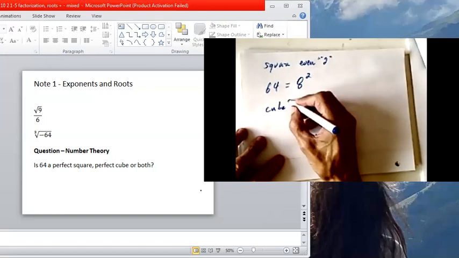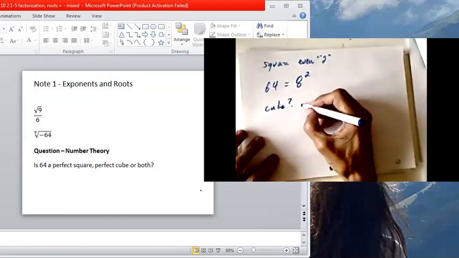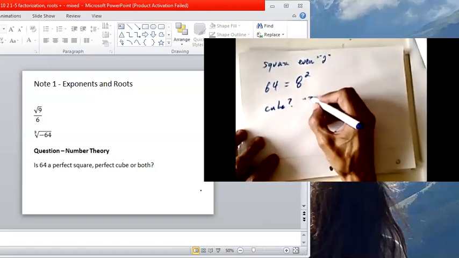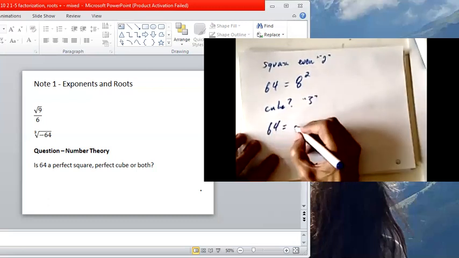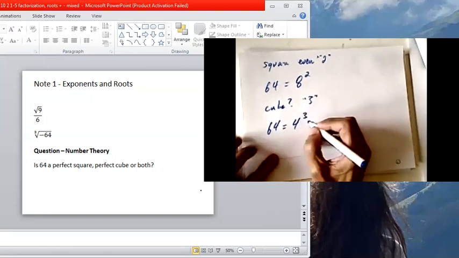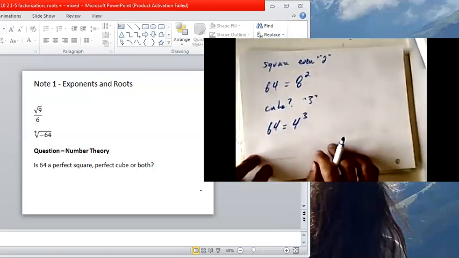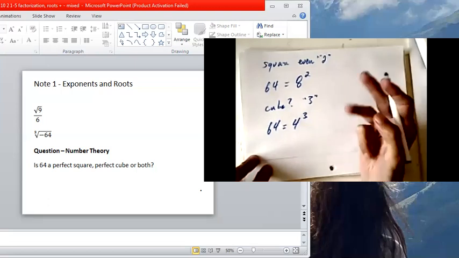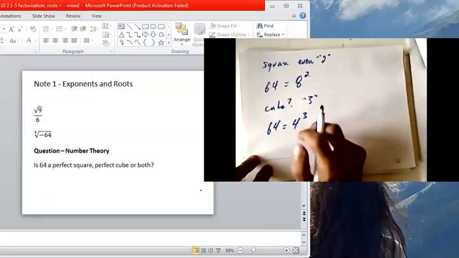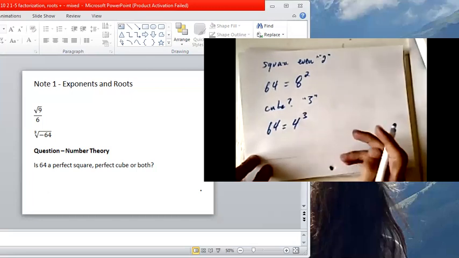And this is where it's a multiple of 3. And yes, as we've seen a few times, maybe not written like this, but 4 to the power of 3 gives you 64. 4 times 4, 16 times 4 is 64. So yes, that's also true.